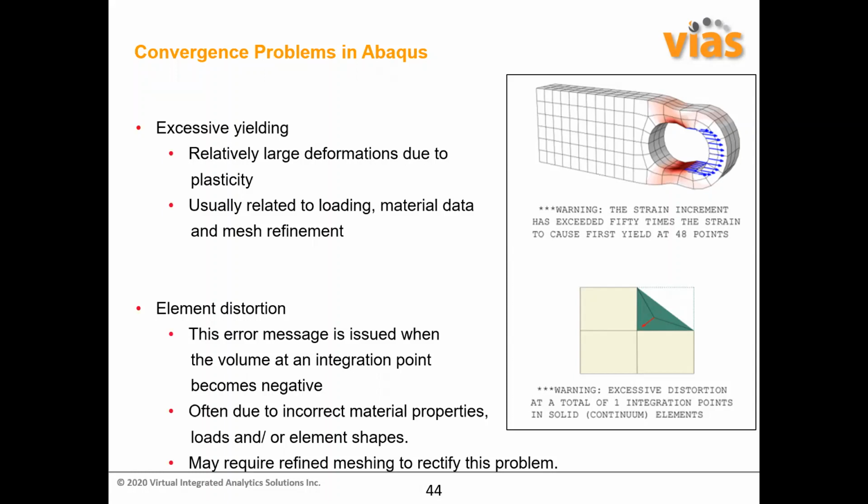Then another possible cause of the convergence problems might be element distortion. So right from the beginning, you should always make sure that your part and geometry are clean enough. There are no cracks, no undesired features in your part. Then when you make the mesh on it, the mesh comes out good. It should have regular shapes, types of elements. Not, for example, on the bottom right picture, where you are seeing an excessive distortion warning.